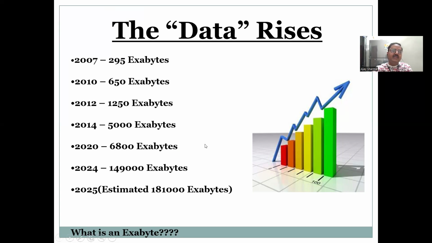For example, in 2007 we had 295 exabytes of data, which grew to 650 exabytes in 2010. Similarly, you can see the data projections. This exabyte is a unit of data, okay? And by 2025, it is an estimated 181,000 exabytes.